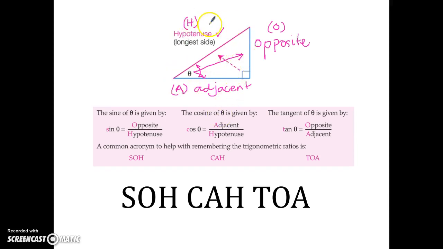Now, the ratios that tie these three sides together are known as sine, cosine, and tangent. This little symbol here is a Greek letter and it's called theta. And in mathematics, that's just our default symbol for an angle. So whenever you see a theta, it usually means an angle.